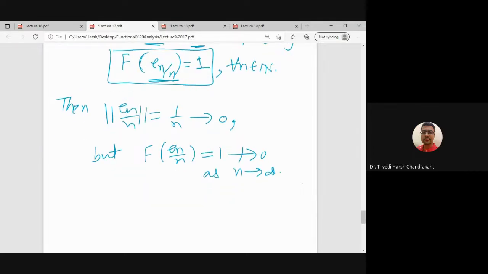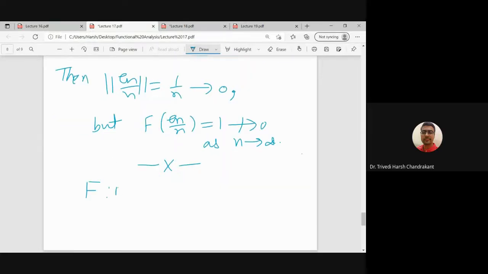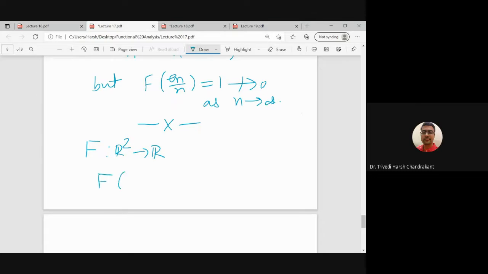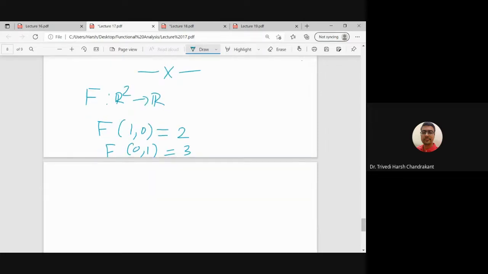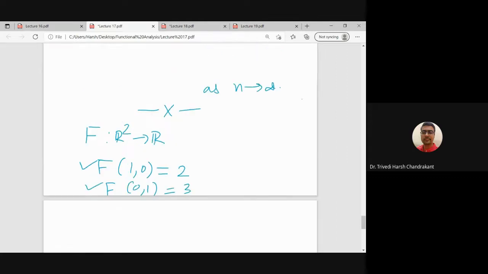So for example, if we have a function from R2 to R, what we need to define is f of (1, 0) and f of (0, 1) only. Because this is a basis, right?